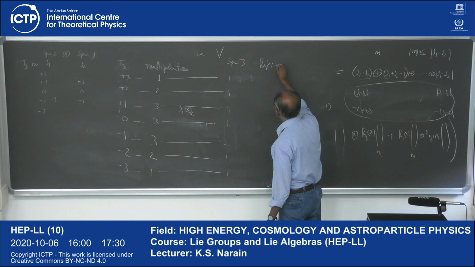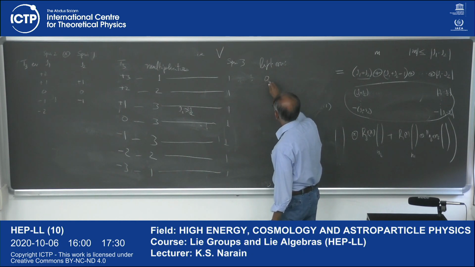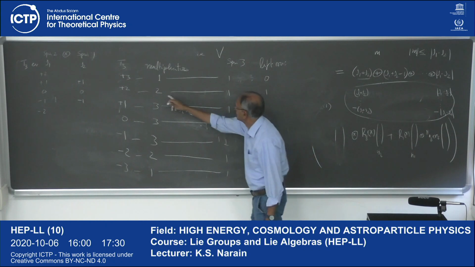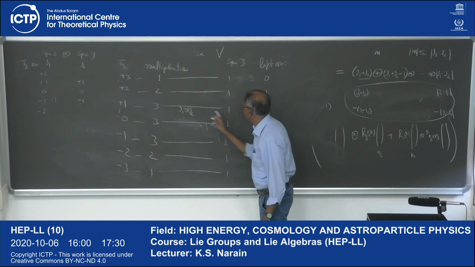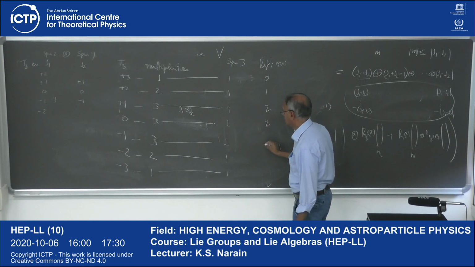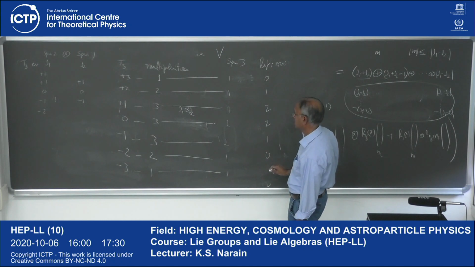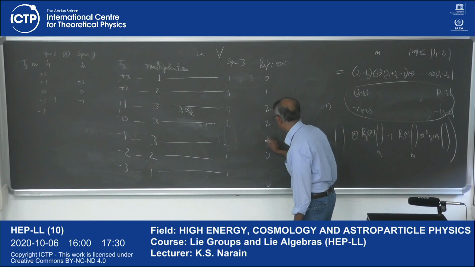If I remove this space, the leftover here is 0. Here there is 1, because 2 minus 1 is 1. And here it is 3 minus 1, 2. Again 3 minus 1, 2, and then 1 and 0.